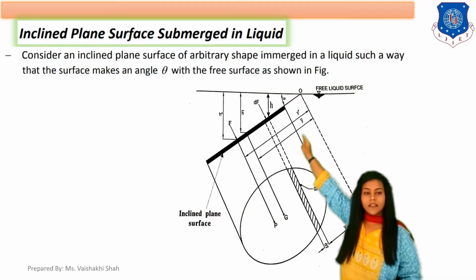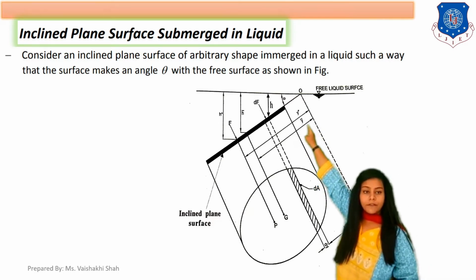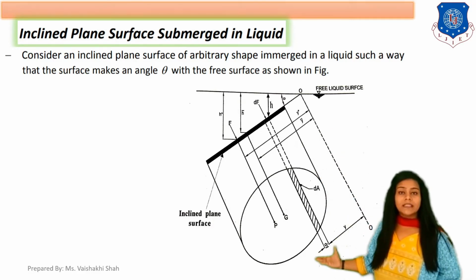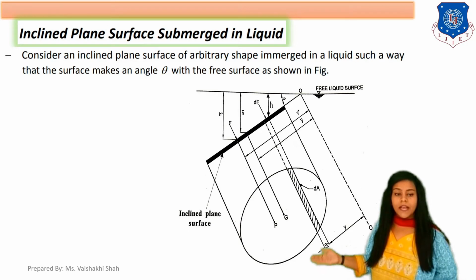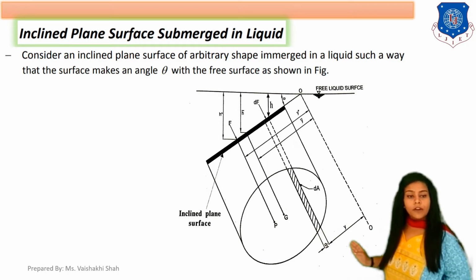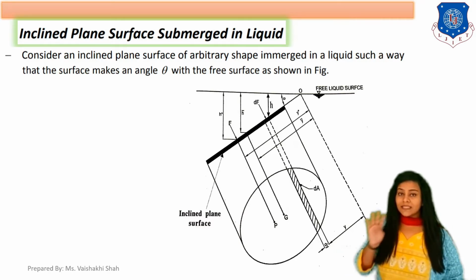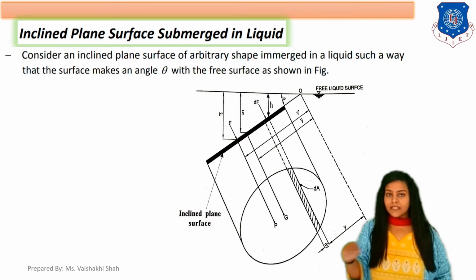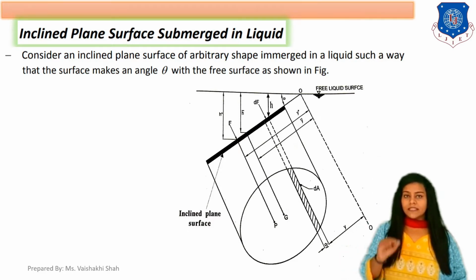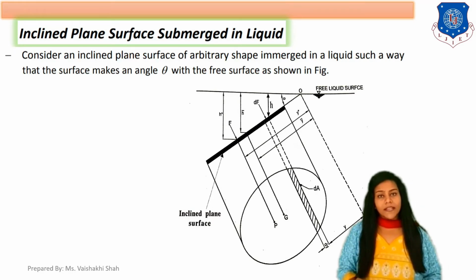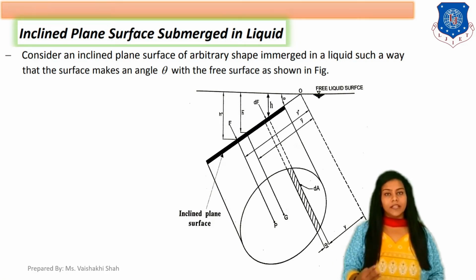And the distance of the strip from the OO axis is small y. So here there are 6 distances: from the free surface, h star and h bar, and from the OO axis, y bar, y star and y.